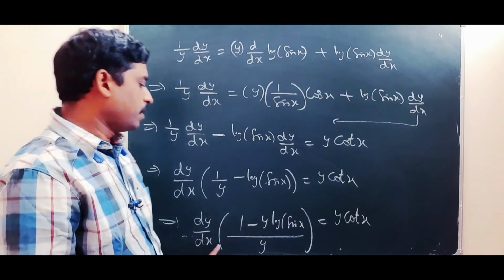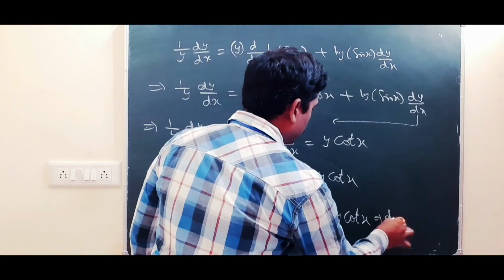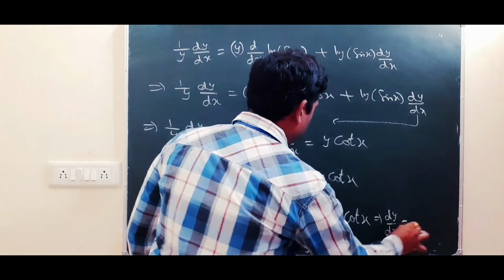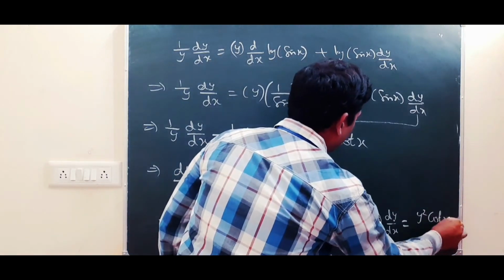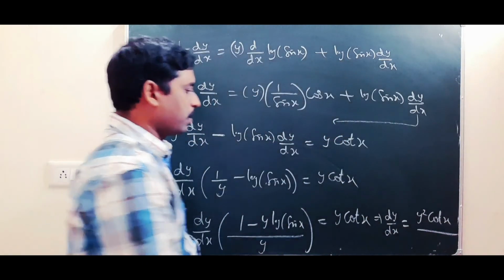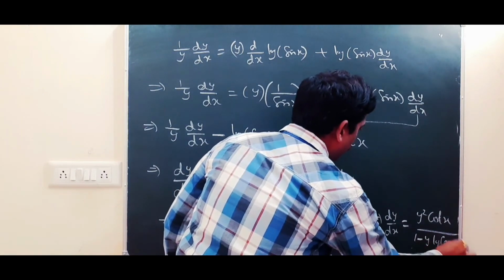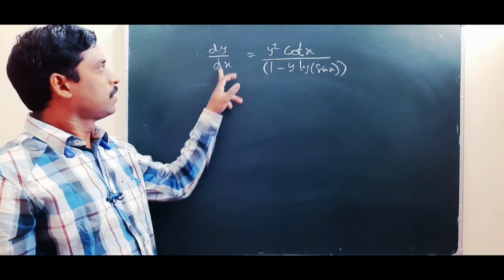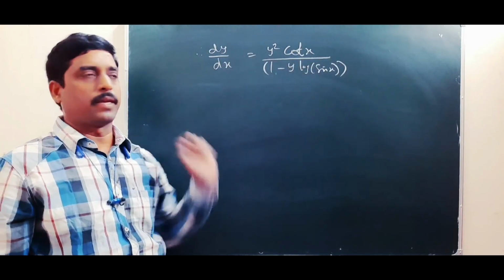Okay. So dy by dx is equal to y square cot x by 1 minus y log sin x. Okay, what we get? dy by dx is equal to y square cot x by 1 minus y log sin x.